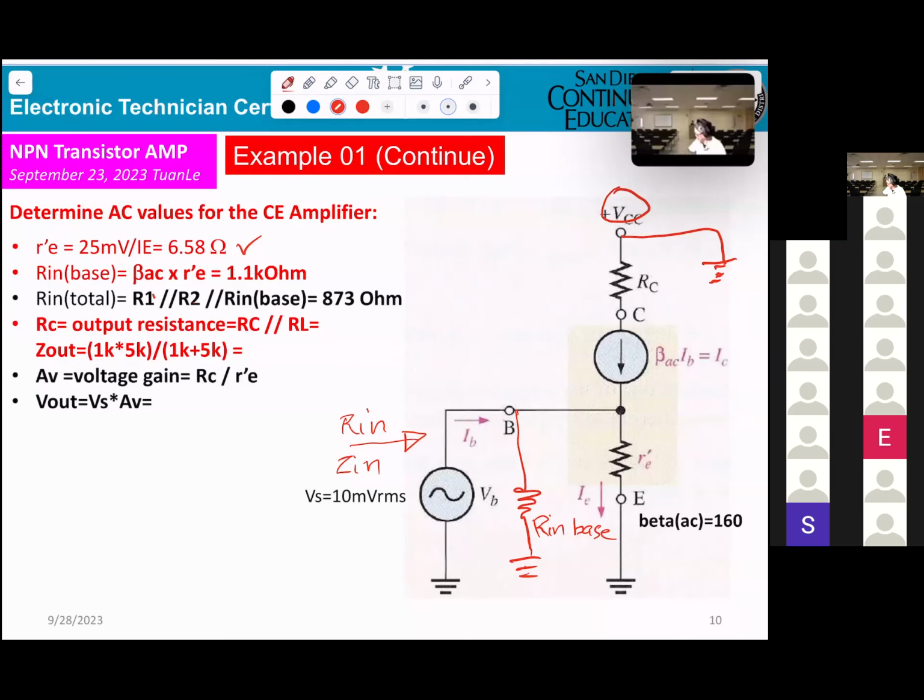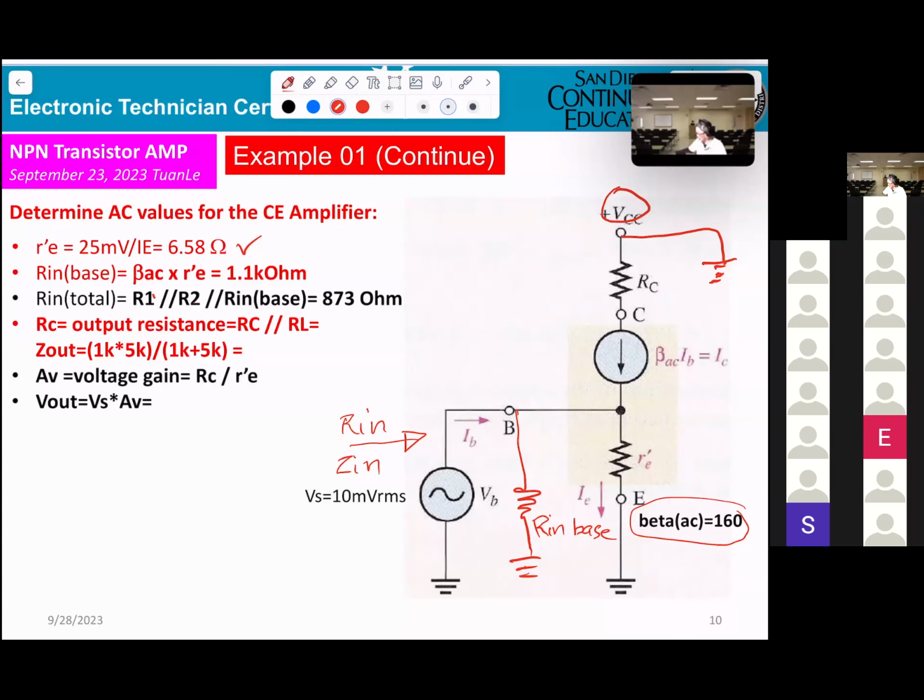No, beta AC is IC over IB. Normally they're using only one beta.